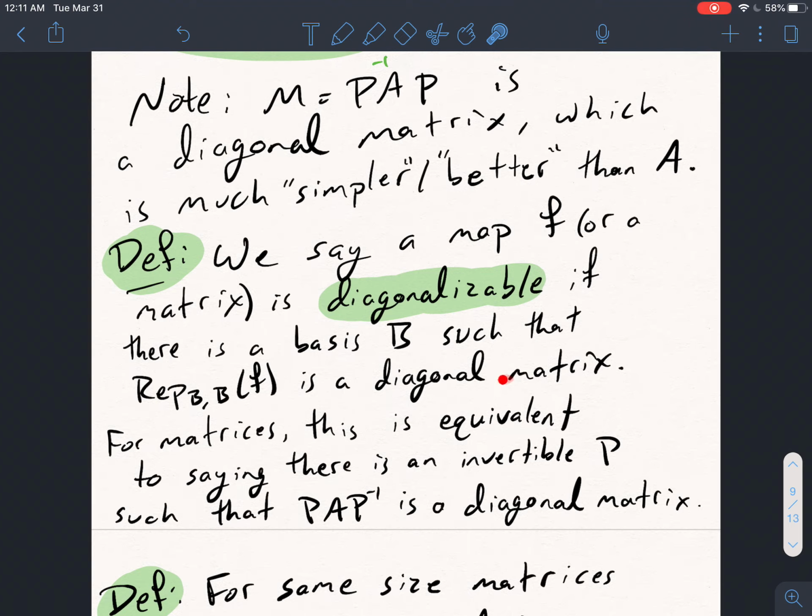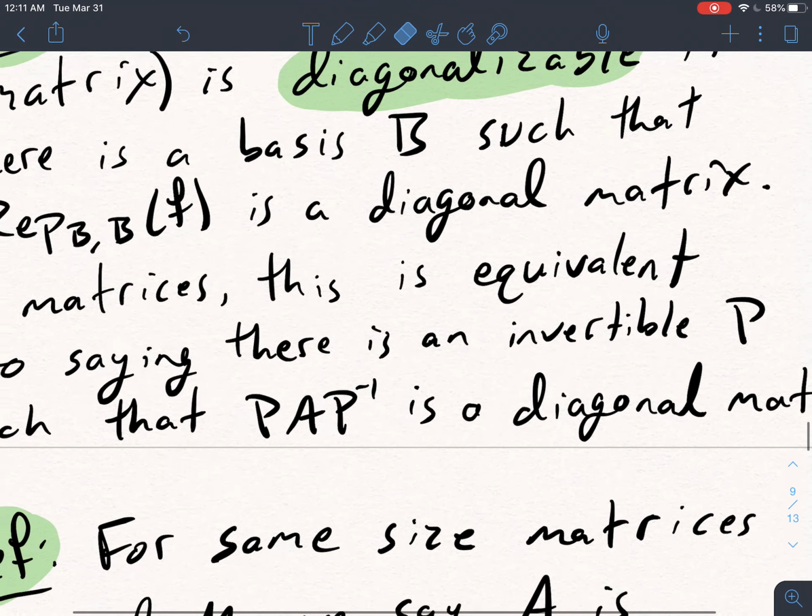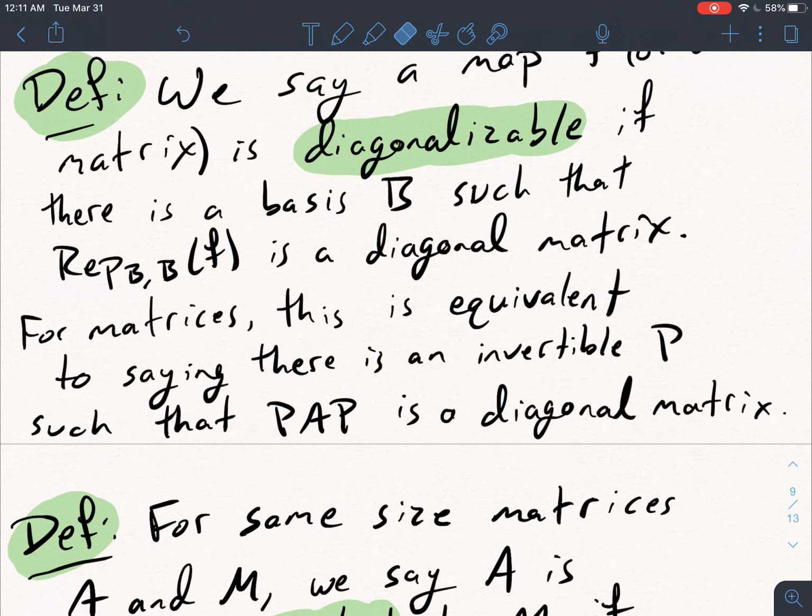The representation of our map F with respect to B and itself was a diagonal matrix. Okay. And what this definition means for matrices is it's equivalent to saying that there is an invertible matrix P such that PA P inverse is a diagonal matrix.